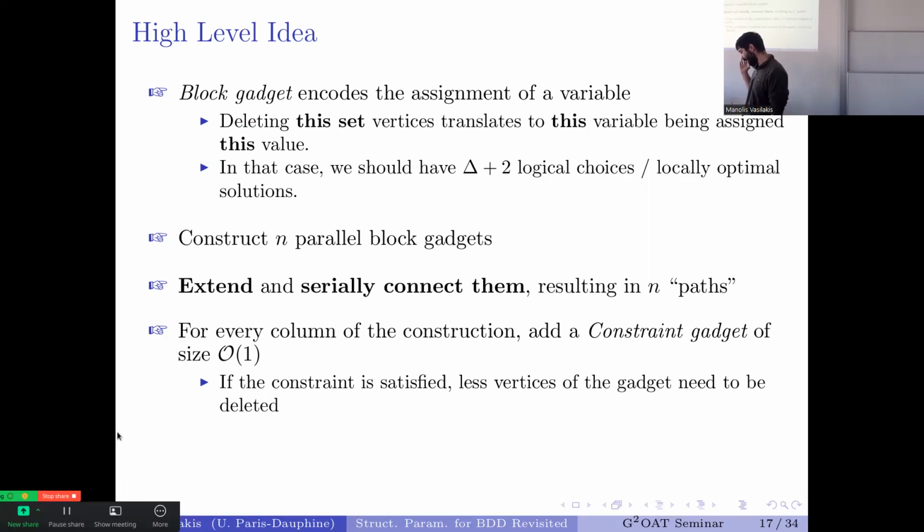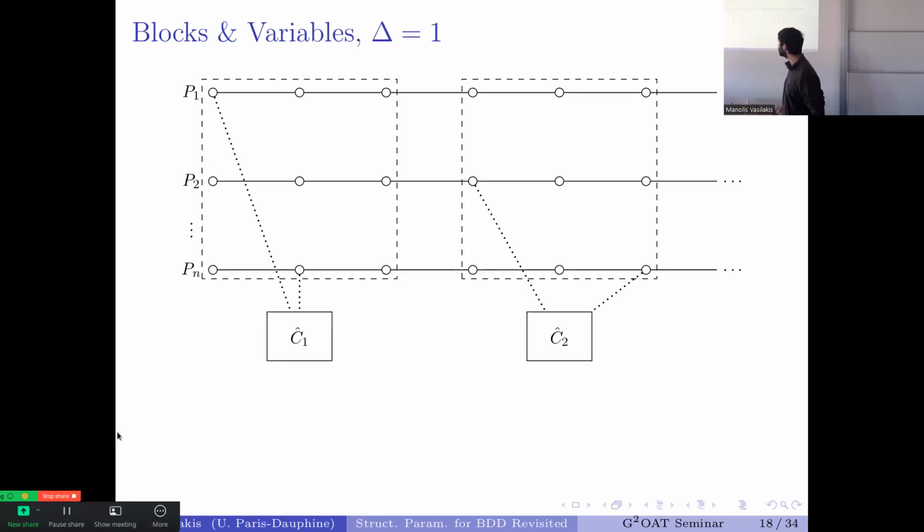For every column we have a constraint gadget that checks that we satisfy this constraint. The path width of the graph is, on a high level, n parallel paths plus some constraint gadgets, but those are of constant size. So the total path width of the graph is actually n plus a constant. And for the case that delta equals 1, this is what it looks like.